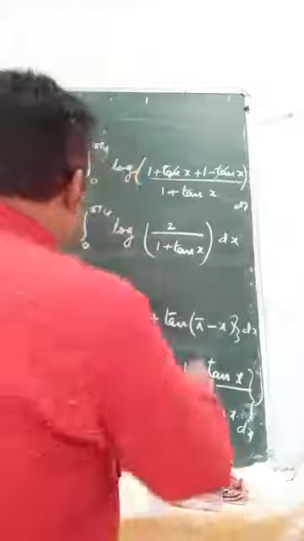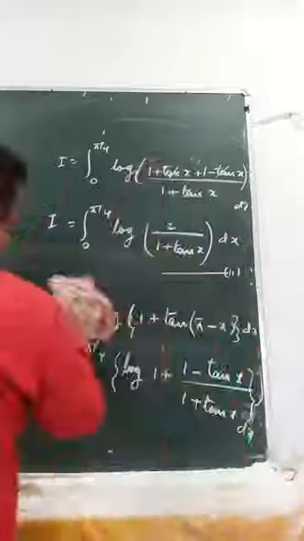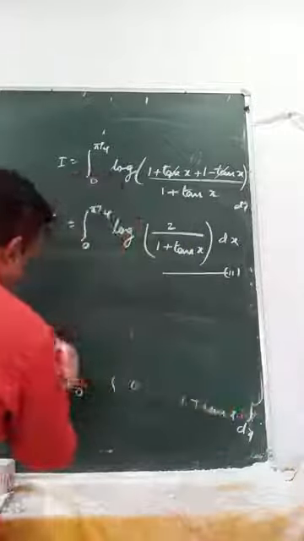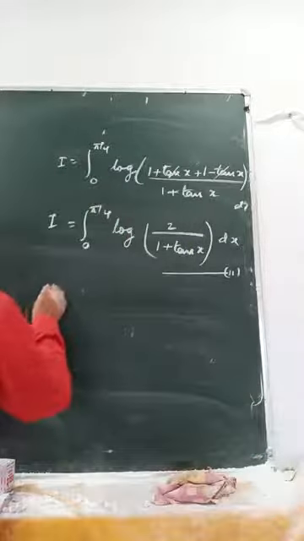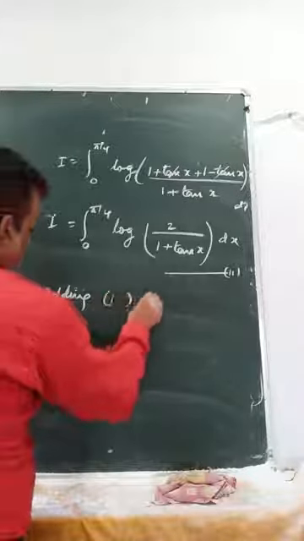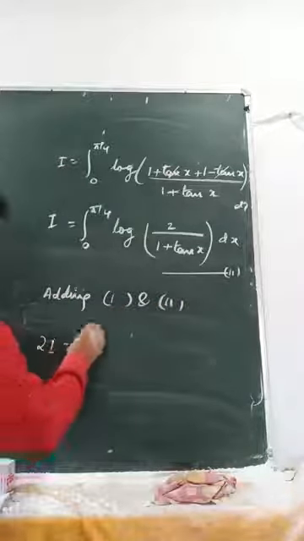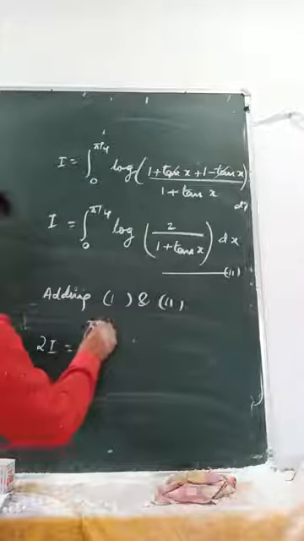Now this is your equation number 2. So adding 1 and 2, left side will be 2I, integral 0 to pi by 4.